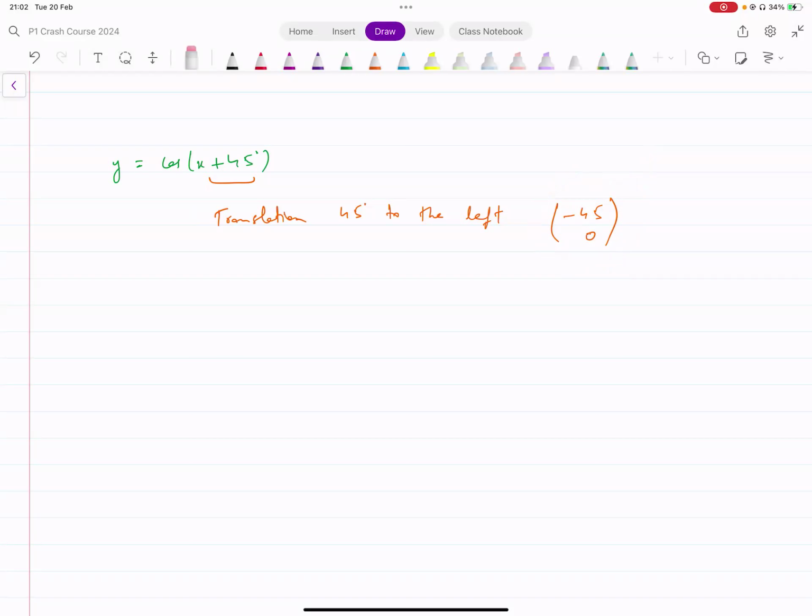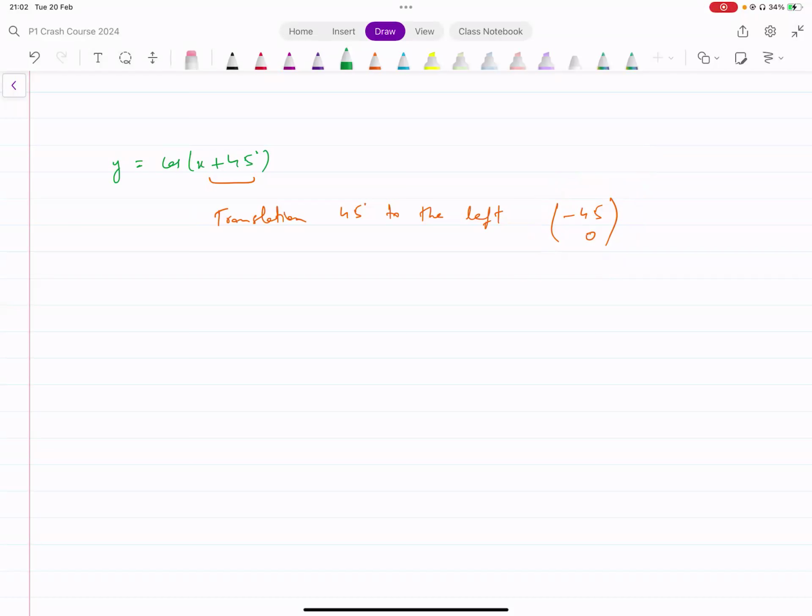All right. So when we do plus in a horizontal transformation, that means the graph moves to the left. When we have a negative inside, then the graph moves to the right. Okay. So in horizontal transformations, it works the other way around.